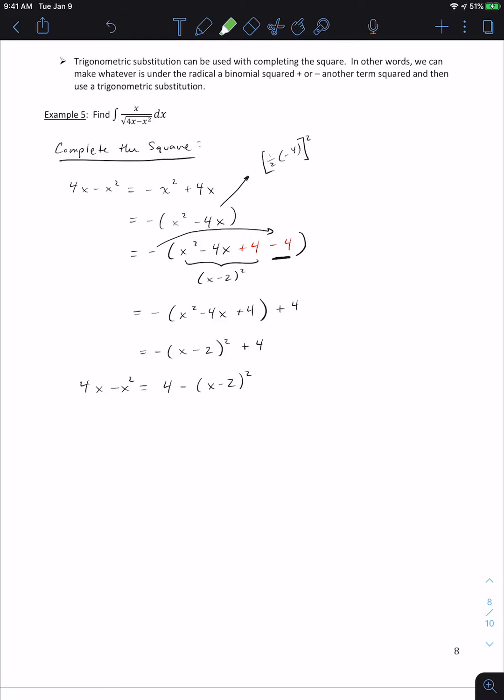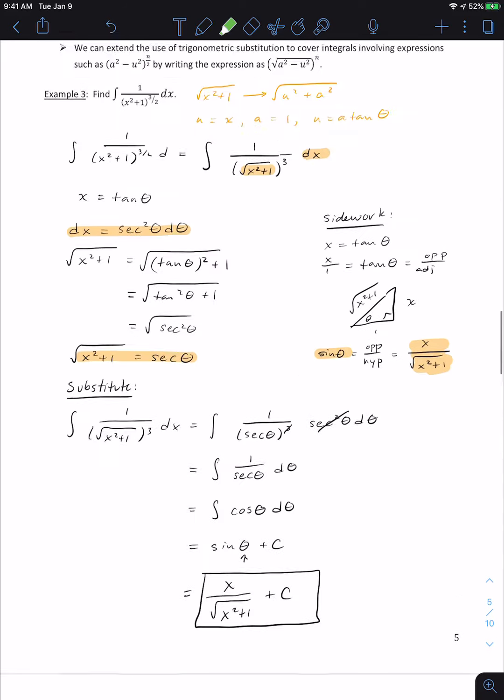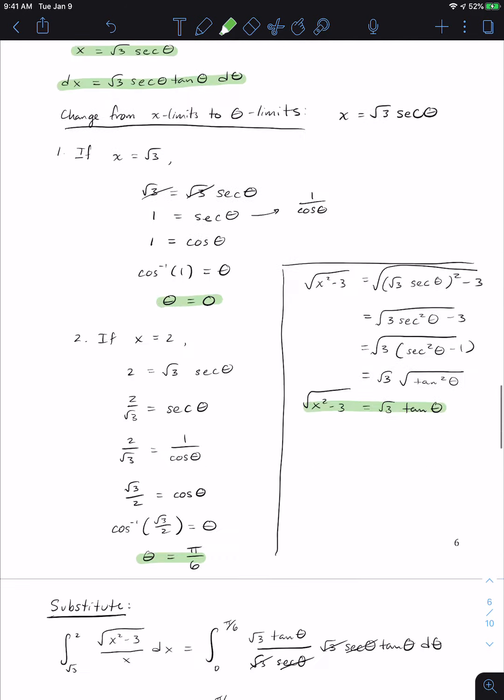And so that's what I'm going to substitute here. And this one is going to be something minus u squared, so this one's going to be a sine. So sine, I believe we did with purple, right?